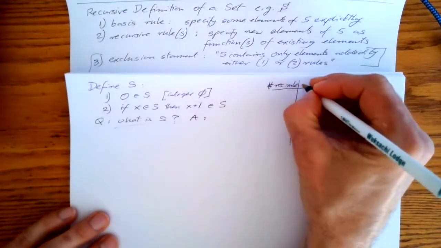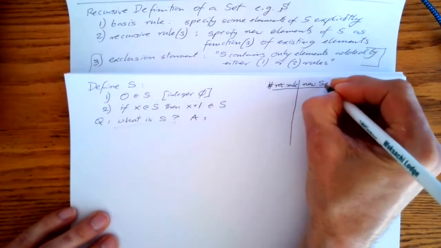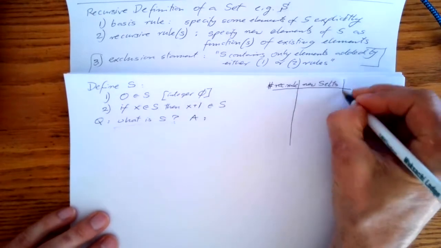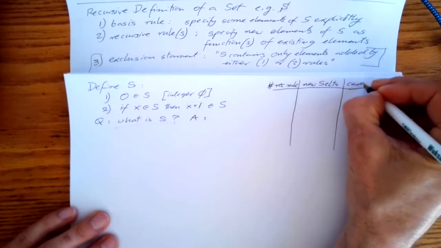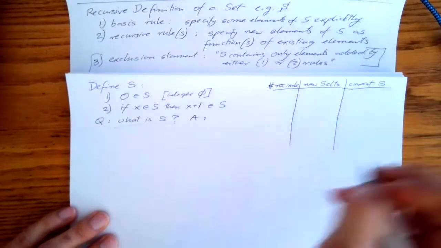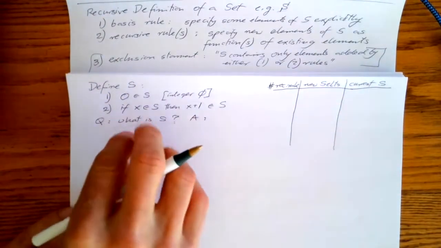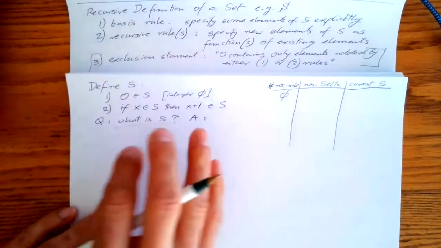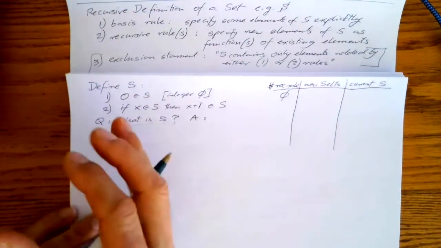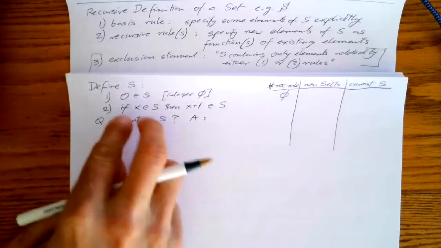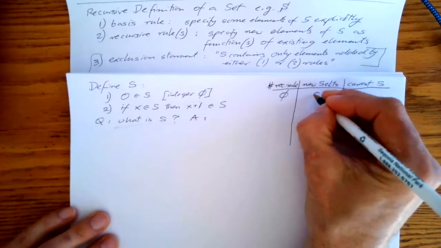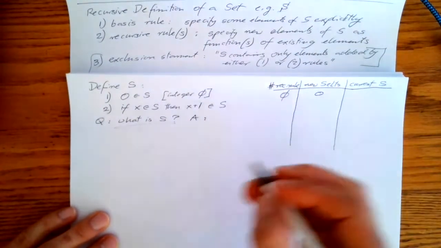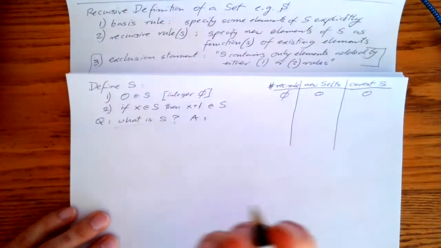So these will be the new S elements, and here I will write the current state of S. At the beginning, we say, okay, don't use the recursive rule. Well, you just use the base rule. That's very simple. So what's in the set? 0. So the current set just has the 0 in it.